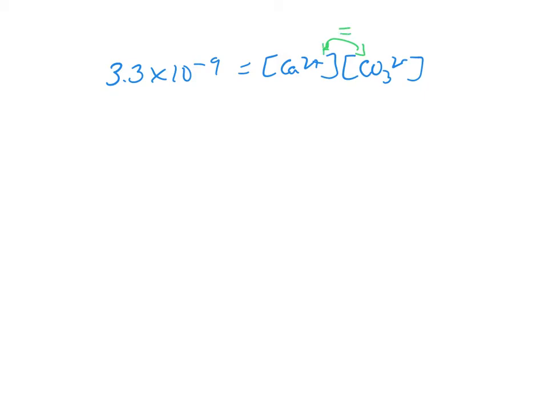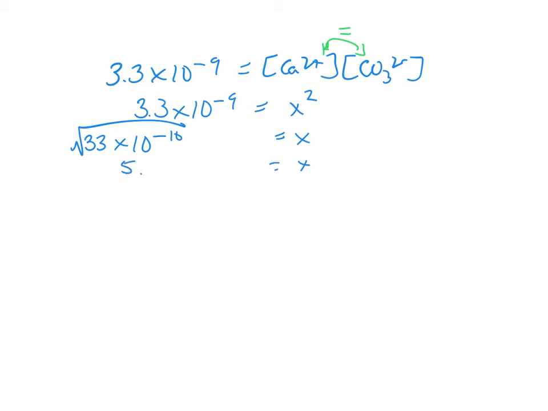And so they should actually be identical, which means 3.3 times 10 to the negative ninth equals x squared. X will equal the square root of that, the square root of 33 times 10 to the negative 10th. And that is probably somewhere in the neighborhood of 5.8 times 10 to the negative fifth molar.